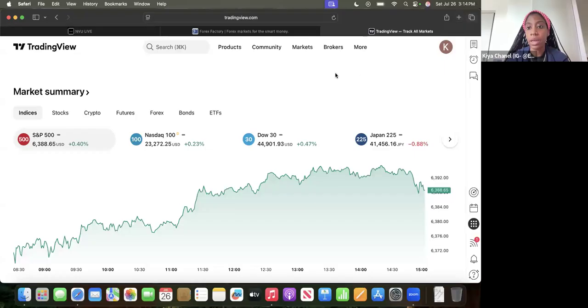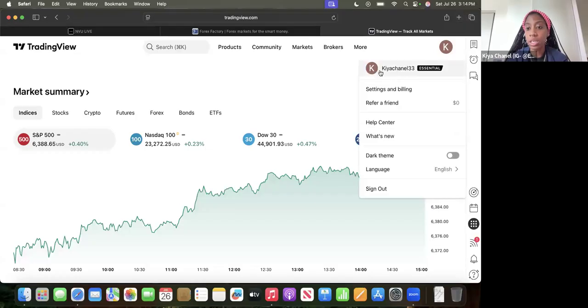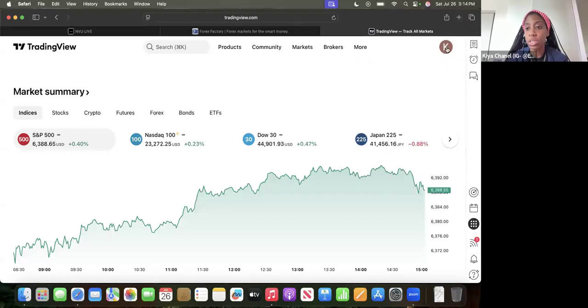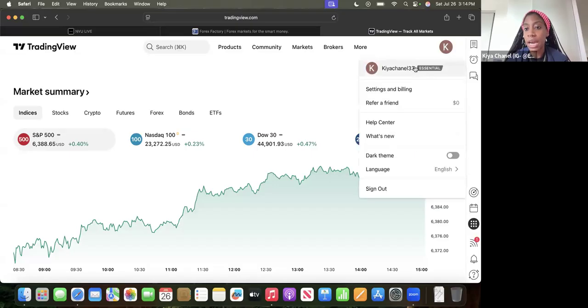All right. And here, if you hit this little colored dot, I think it's like this on the iPad and also the computer or a tablet, this is going to be your TradingView username.